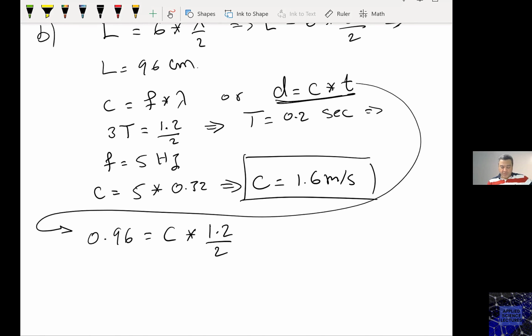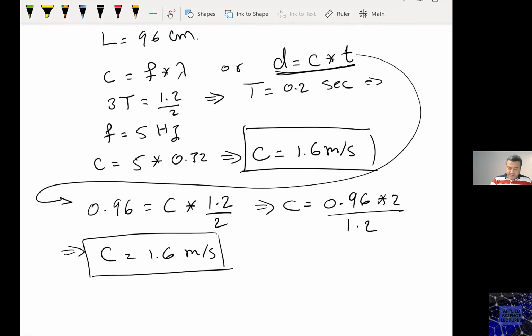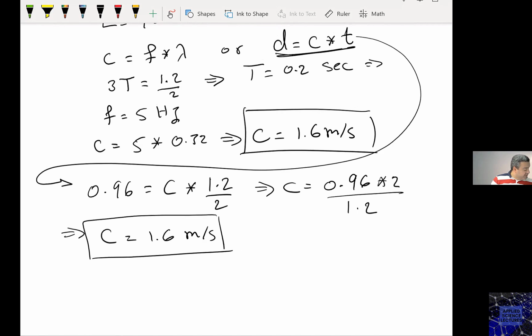This is for one end to another. In this case, c equals 0.96 times 2 divided by 1.2. c is 1.6 meters per second. So either way, we can calculate the speed. So this was C.